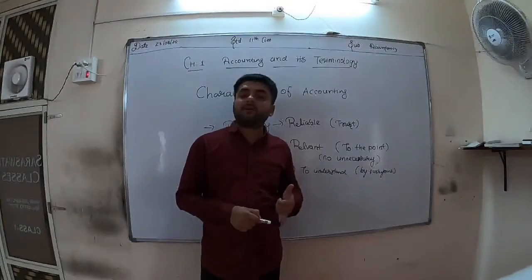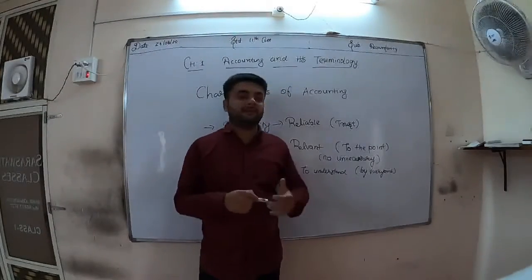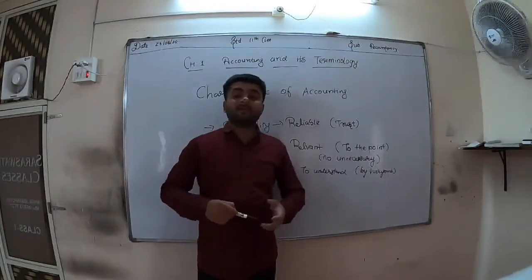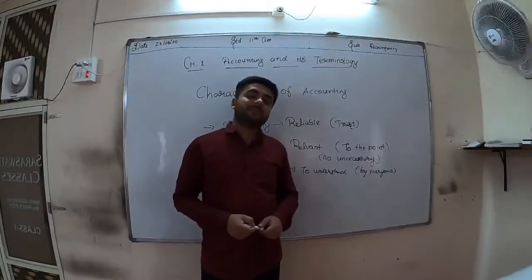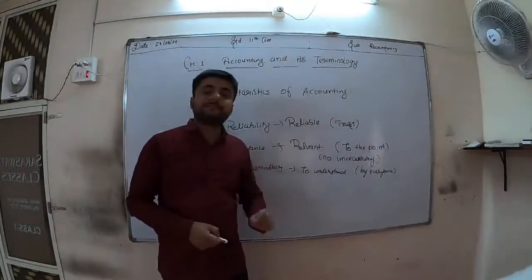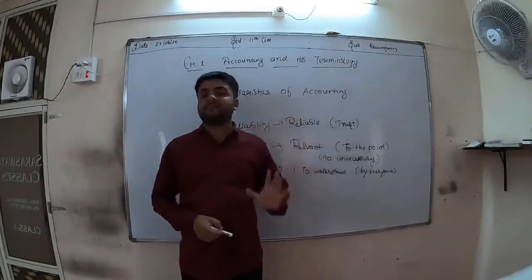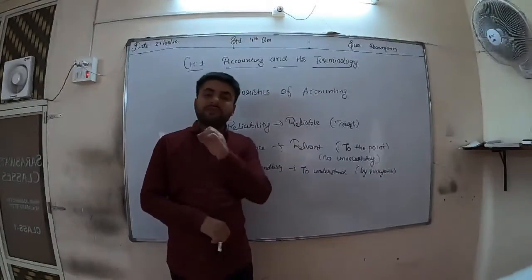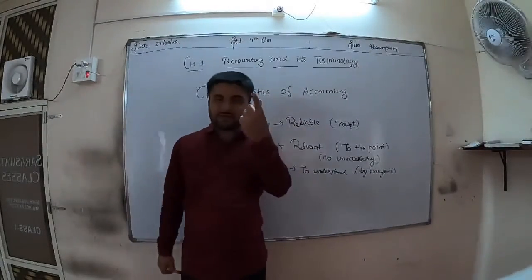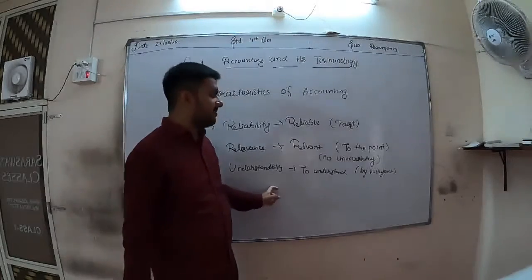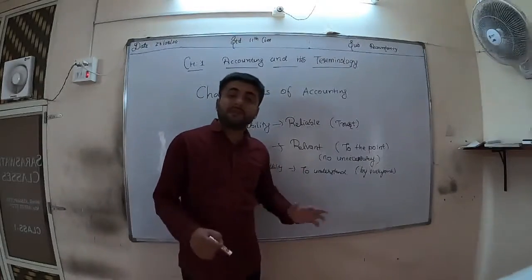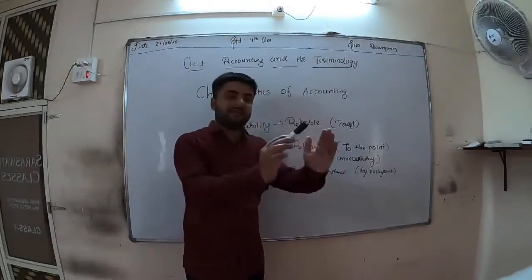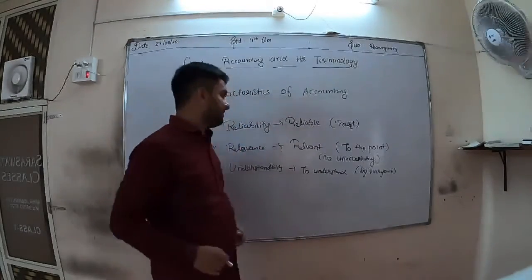If you are presenting your things in an irrelevant manner or in such a manner that no one can understand, then again this becomes a great limitation to each and every person in the business. So a good accounting information requires understandability, means to understand. People need to understand your information very easily and clearly.